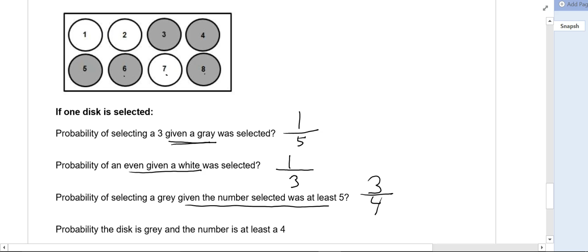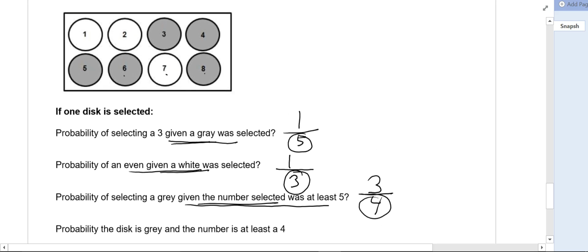So this is the basic definition of a conditional probability. The given information is changing the sample space, right? For the first one, we focused only on the 5 gray discs. For the second one, the 3 white ones. For the fourth one, the disc with a number that was at least a 5. 4 of them.